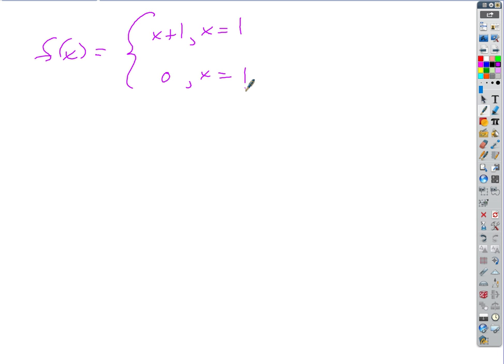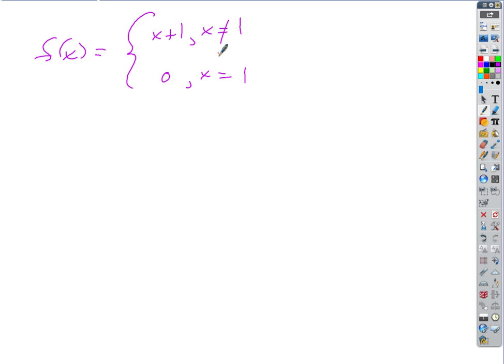It tells me that when I input 1 into this function, I get back 0, right? The output of the function is 0 when I feed it a 1. The output of the function is the line x plus 1 for every value not equal to 1.